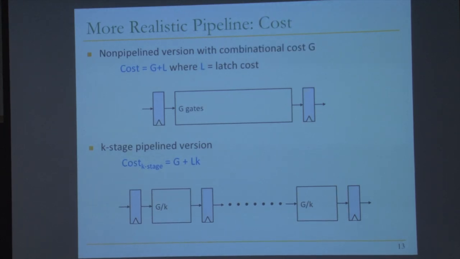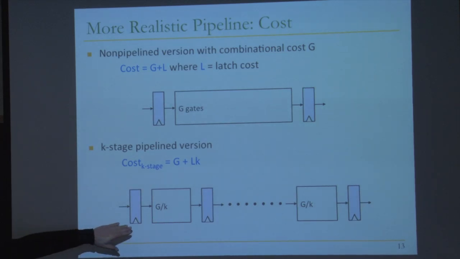Okay, let's analyze the cost. In a more realistic pipeline, whenever you add a pipeline stage, you actually add latching cost. And we'll see that you can add other costs also if you want to keep the throughput. You may have G gates to implement everything to process every instruction. The cost of a non-pipelined version is G plus L, where L is the latch cost.